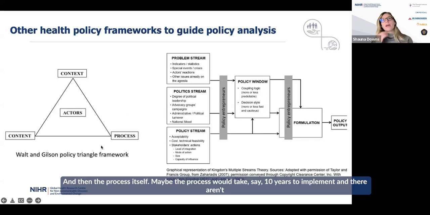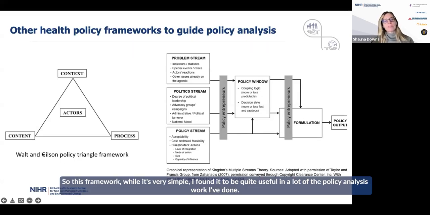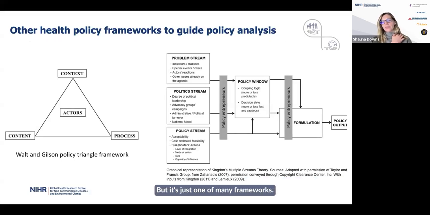Maybe the process would take, say, 10 years to implement, and there's not a sufficient workforce to be able to assess whether or not people are actually adopting the law and following the regulation, and that type of thing. So this framework, while it's very simple, I found it to be quite useful in a lot of the policy analysis work I've done. But it's just one of many frameworks.